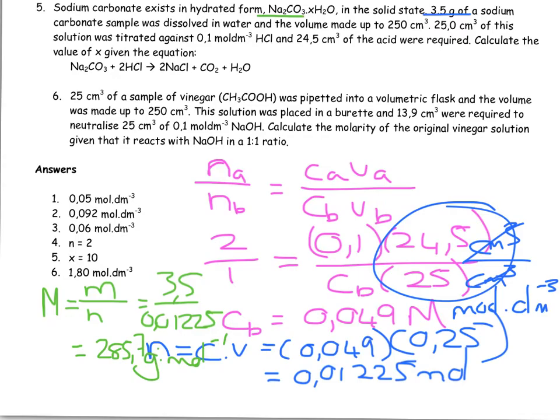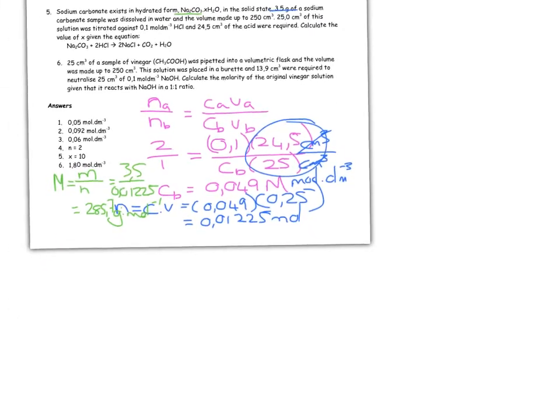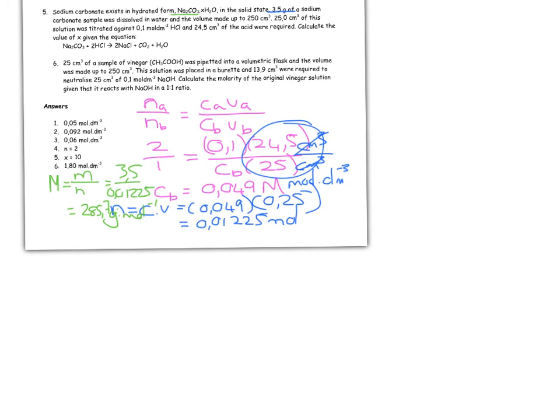Now we need to see what part did I know. I already knew the sodium carbonate aspect of it. So what's the molar mass of sodium carbonate? It's going to be 23 plus 23 plus 12 plus 3 times 16, and that turns out to be 106.